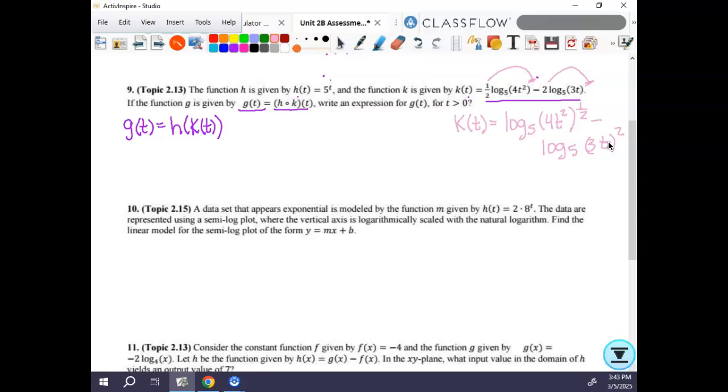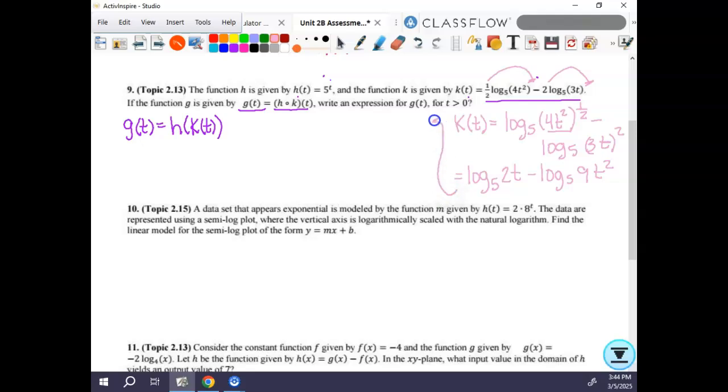All right, so this 1/2 is the same as a square root, and it goes over this whole thing right here. So this is also just log base 5 of 2t minus log base 5 of 9t squared. So I'm kind of going backwards here.